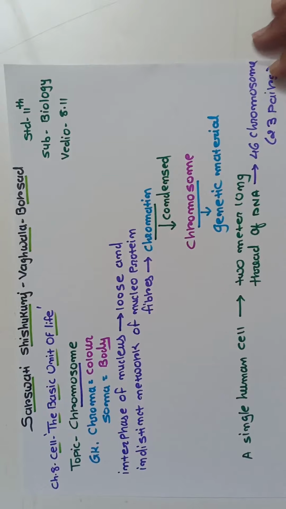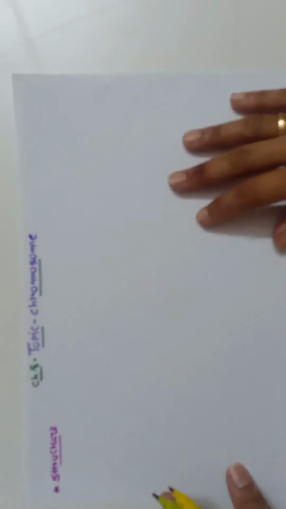Now we discuss the structure of chromosome. The structure of chromosome has two main parts. First one is chromatid and second one is centromere.